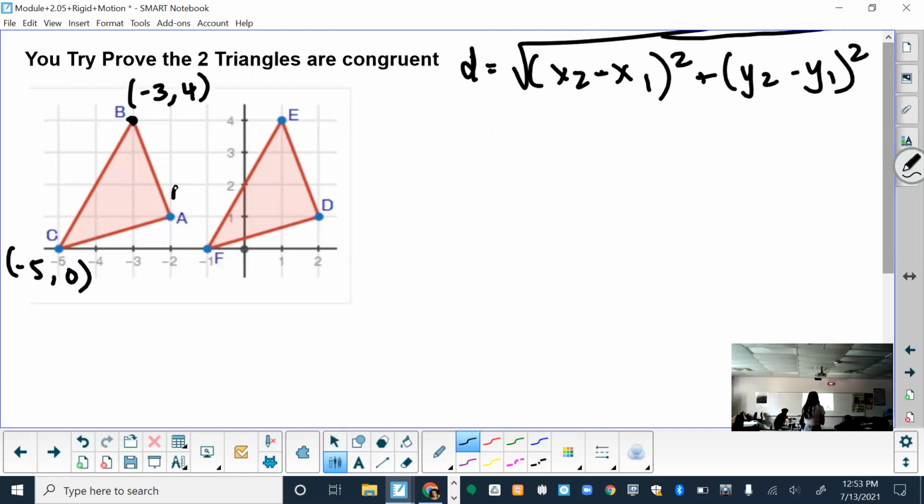And point A is -2, 1. This other triangle, I'll put in a different color. Point D should be, point E should be 1, 4, and point F should be 2, 1.